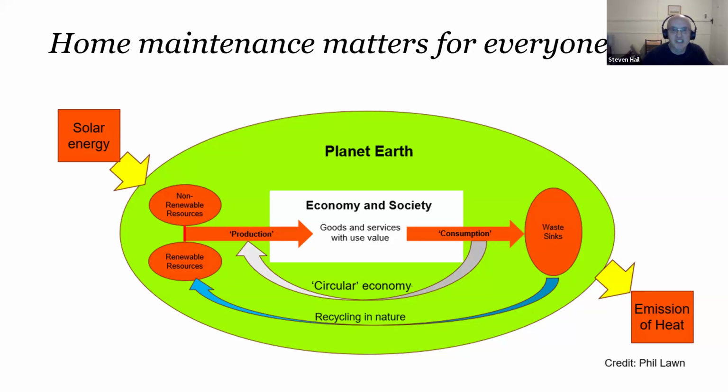So this should be central to any measure of sustainable prosperity.